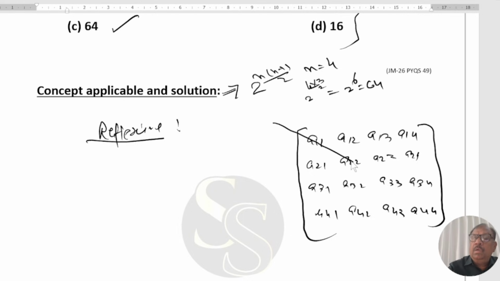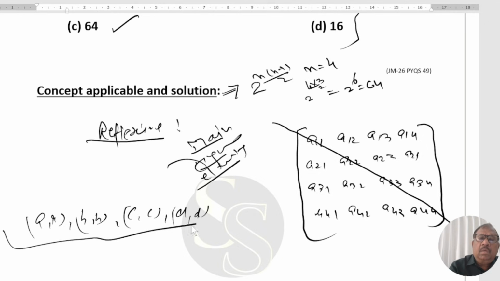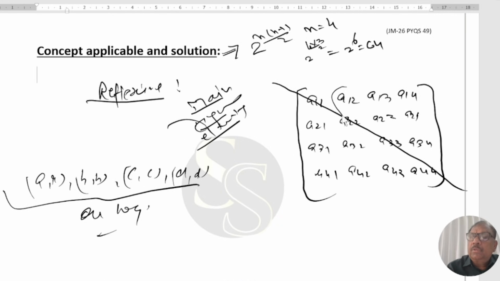These are the main diagonal elements, meaning AA, BB, CC, DD. It is one way. Our remaining are A21, A12... 1, 2, 3, 4, 5 and 6. So these are 6 elements, the upper diagonal elements.